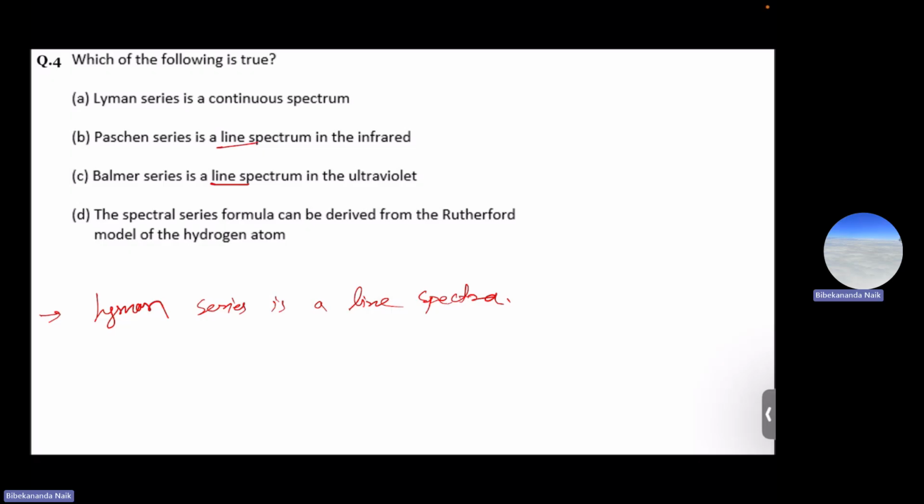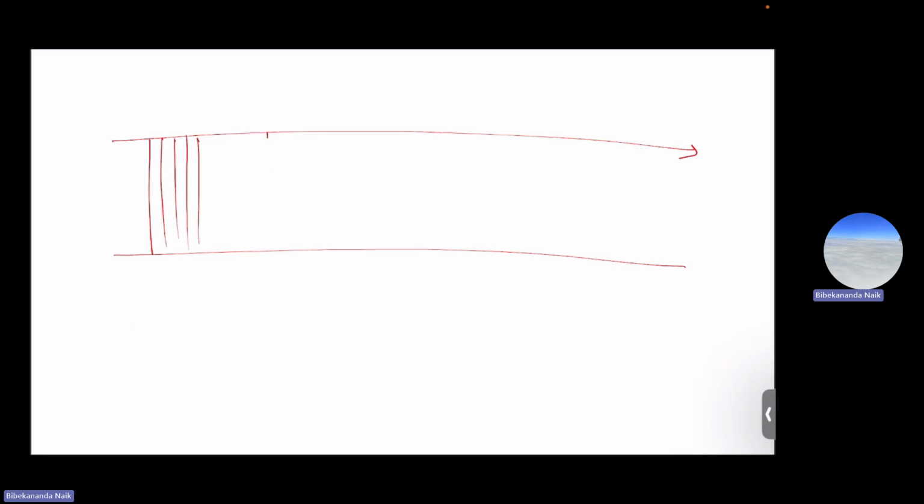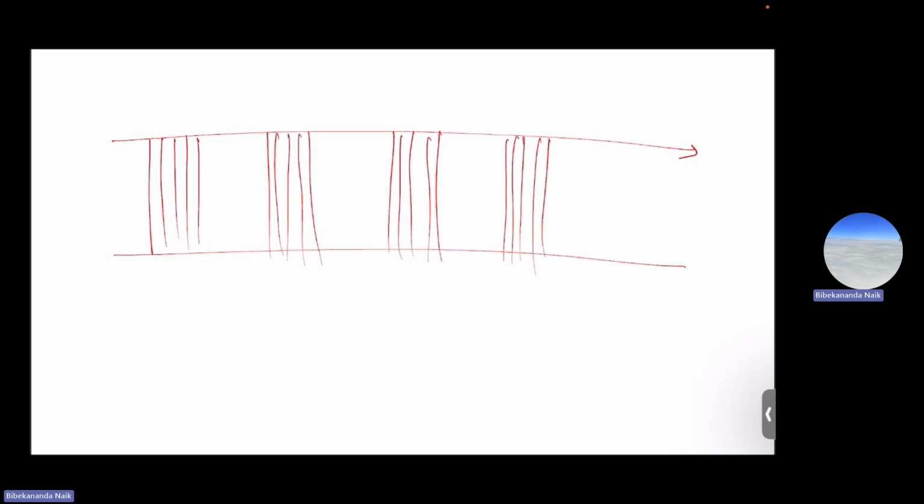Now let's talk about the different series of the hydrogen spectra. So this is Lyman, Balmer, Paschen, Brackett, and Pfund.